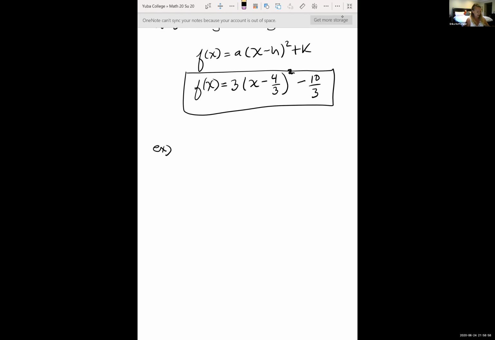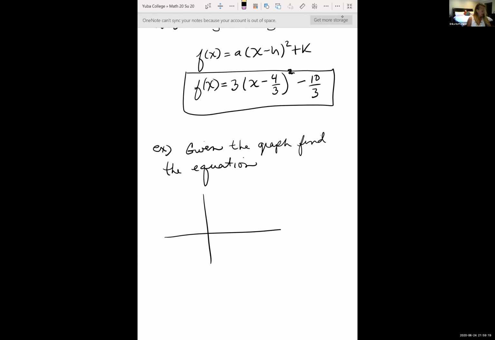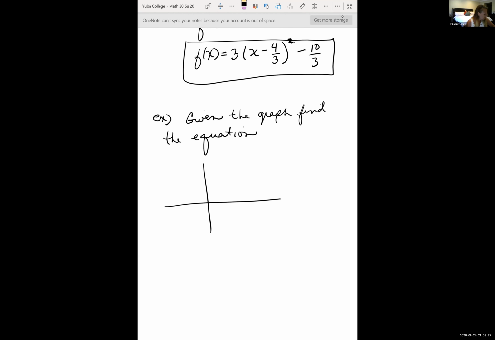So let's say you were given a graph. So given the graph, find the equation. So let's say you're given that you have a vertex down here at 1, negative 3. And it also has a point at 3, 5.